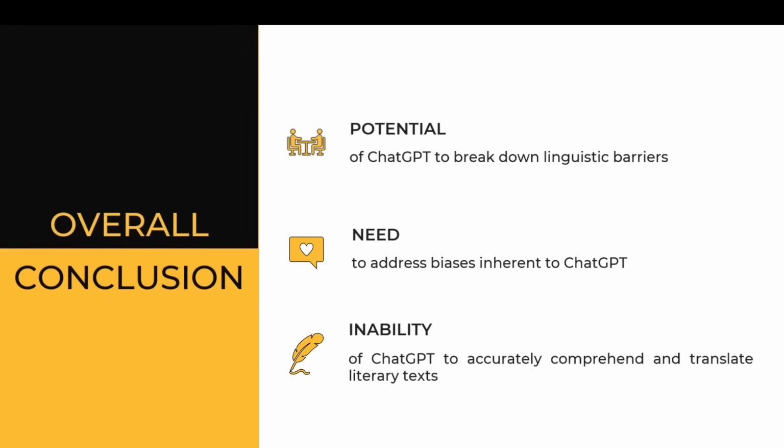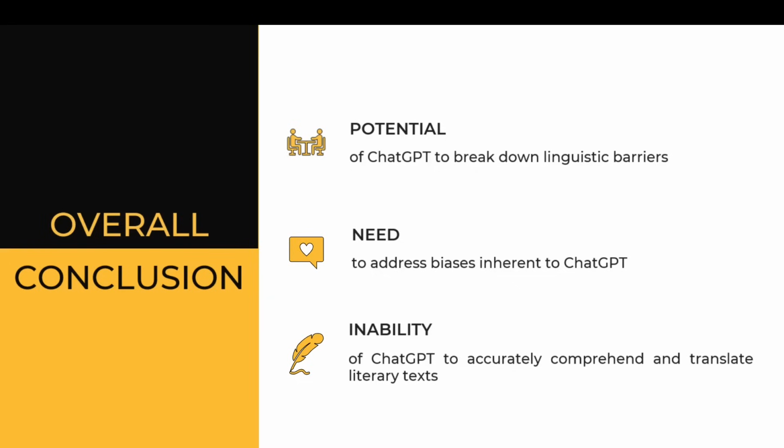Our overall conclusion comes down to these 3 points: the potential of ChatGPT to break down linguistic barriers in the future, the need to address those biases inherited by ChatGPT through deep learning and the training data, and the inability of ChatGPT to accurately comprehend and translate literary text.